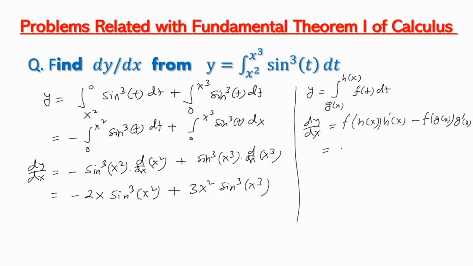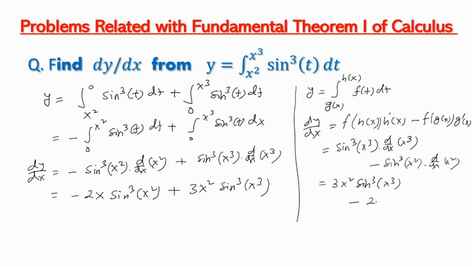So in this case, this is equal to sine 3 x to the power 3 times the derivative of x to the power 3 minus sine 3 x square times the derivative of x square. So this is equal to 3x square sine x to the power 3 minus 2x sine 3 x square. So both ways the answers are the same.